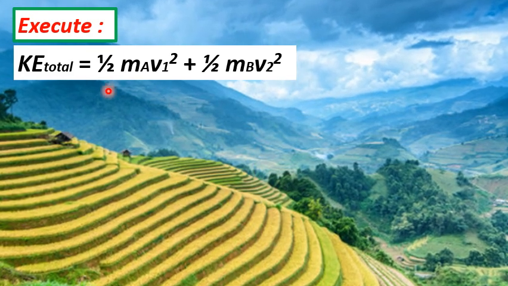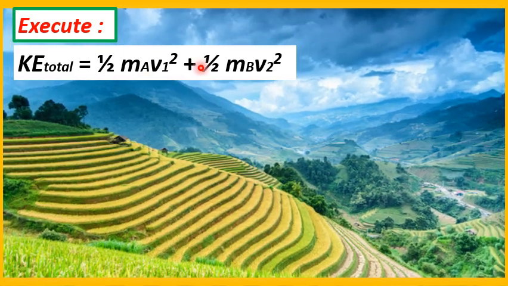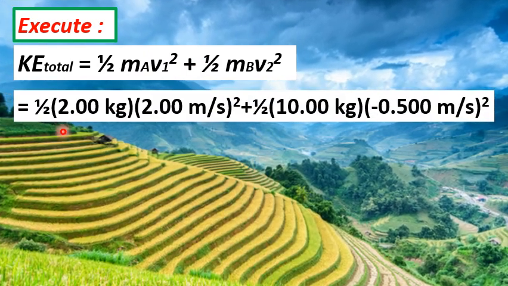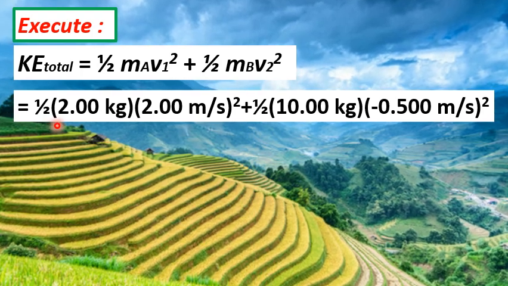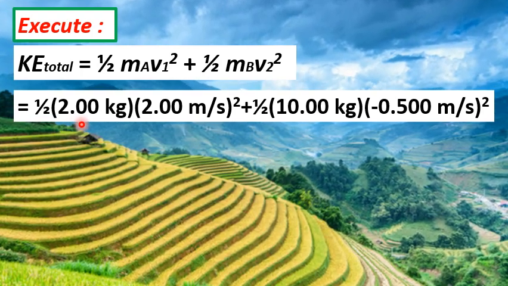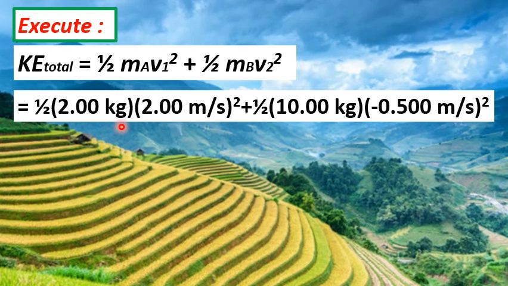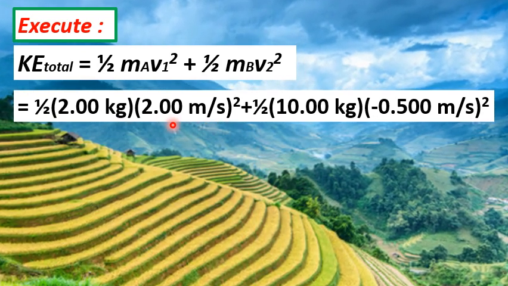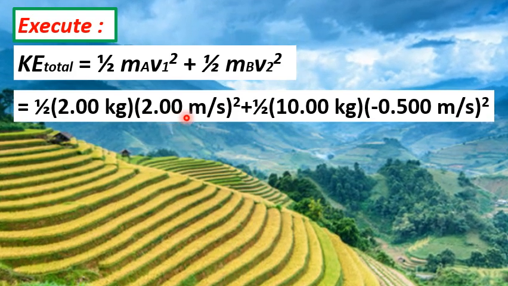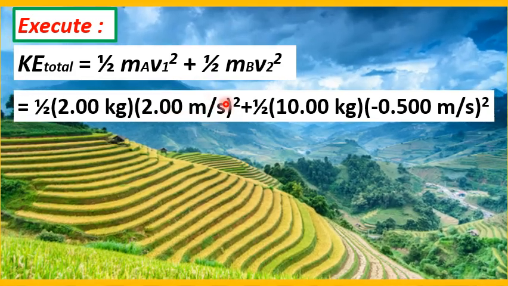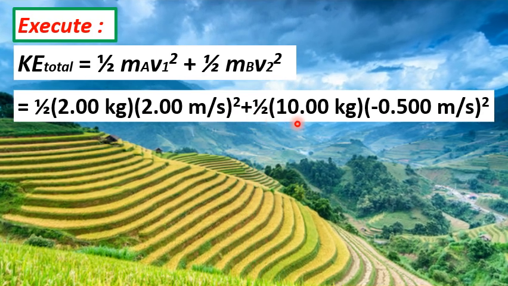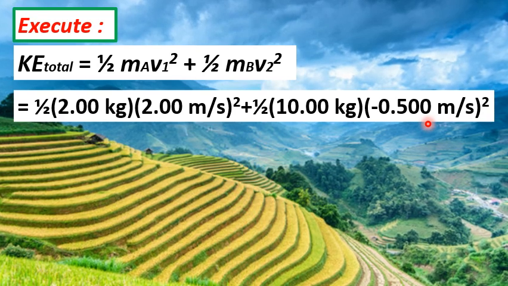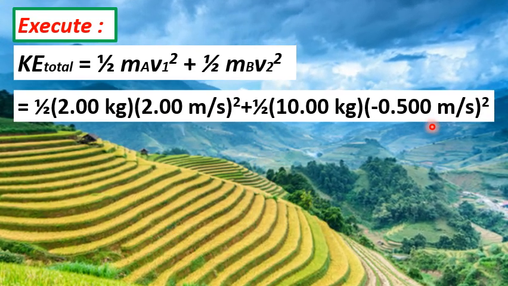That is, the total kinetic energy of the system before the collision equals 1/2 the mass of block A, 2.00 kilograms, multiplied by the square of its velocity before the collision, 2.00 meters per second, so that's to be squared, plus 1/2 the mass of block B, 10.00 kilograms, times the square of its velocity before the collision, 0.500 meters per second.